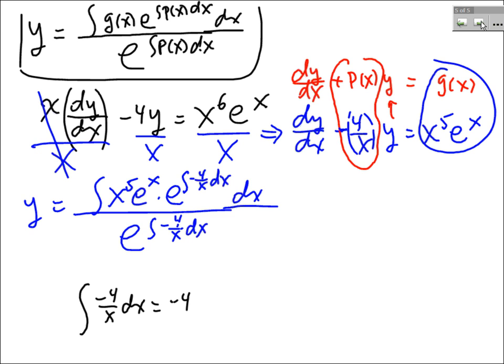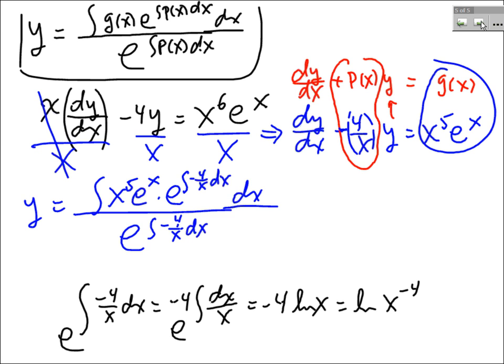I can factor out the negative 4, and I just get dx over x. Well, I know that integral is ln of x. And the 4 can come up as the power. Now, e to that. E to ln of anything is just the anything.